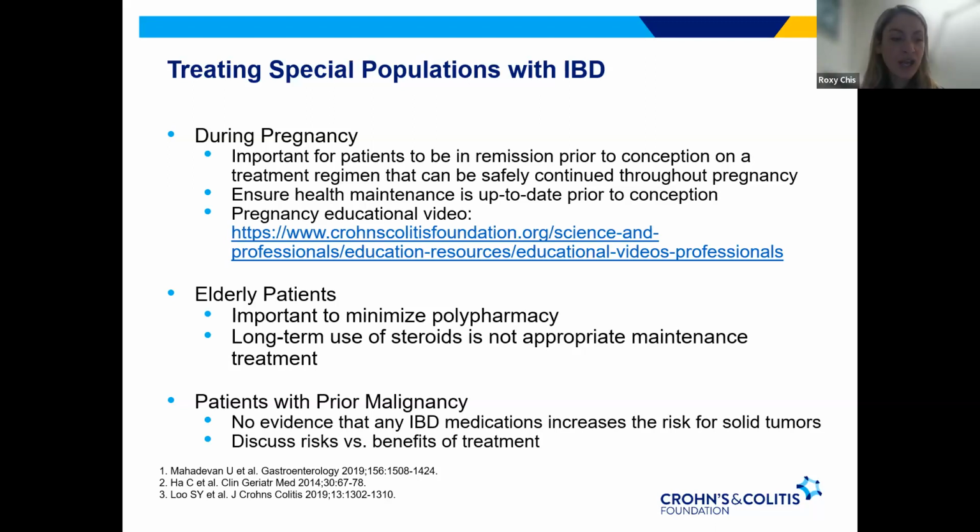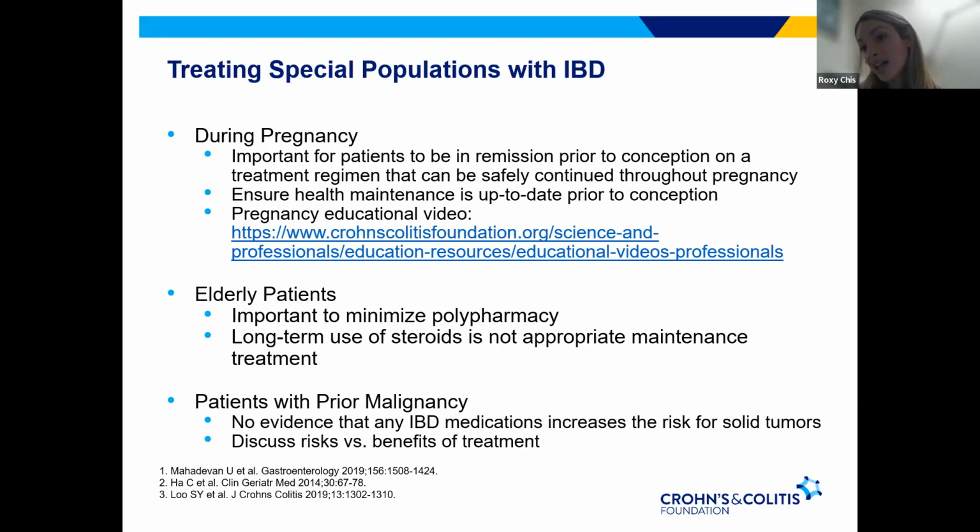Elderly patients, the reason we care about that is because we want to minimize polypharmacy. And again, as I was saying, steroid use, especially in the elderly, can be associated with risk of fractures, osteoporosis, things like that, cataracts. And then patients with prior malignancy. Most of the medications that we use are big guns, the biologics. They all work by suppressing the immune system, or most of them.